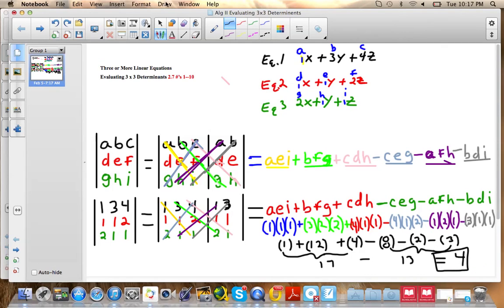So my final answer then will be 4. And I probably should have used a different color because it isn't necessarily the second equation. It's just, in general, 4.